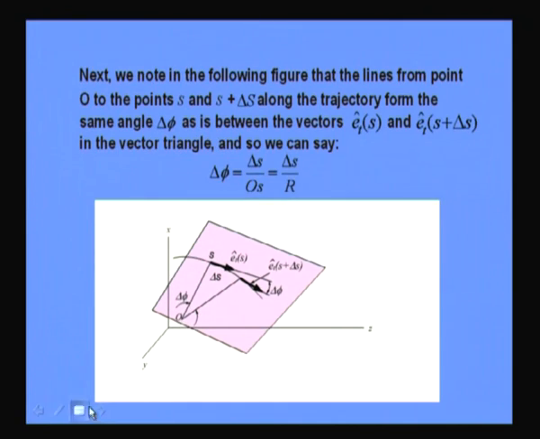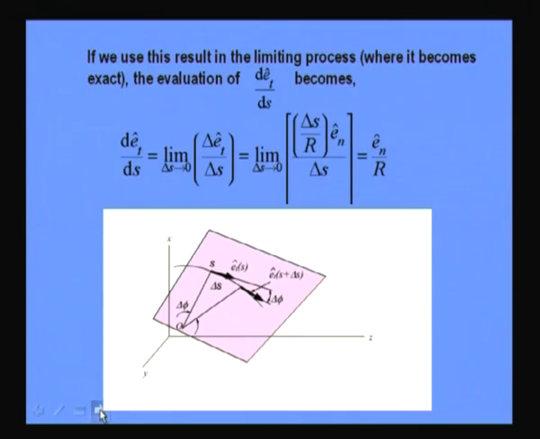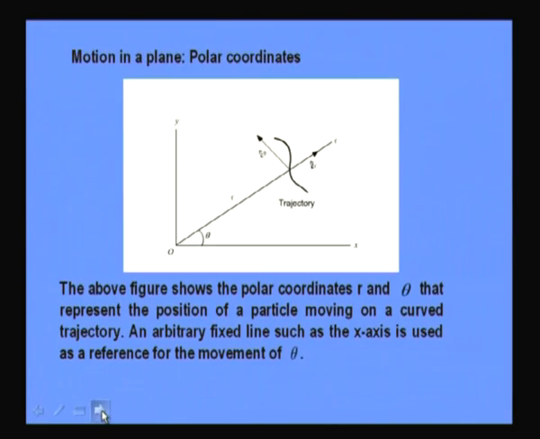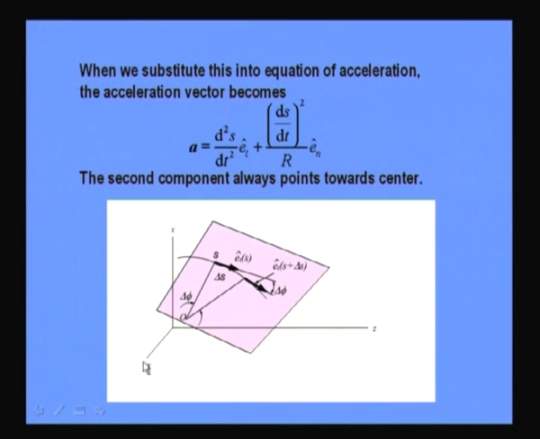Here we have finally established this equation: d square s by dt square et. If you know s as a function of time, it is very easy to differentiate this, and this is the tangential component. Similarly, this is ds by dt whole square. This component can also be found if you know the radius of curvature.